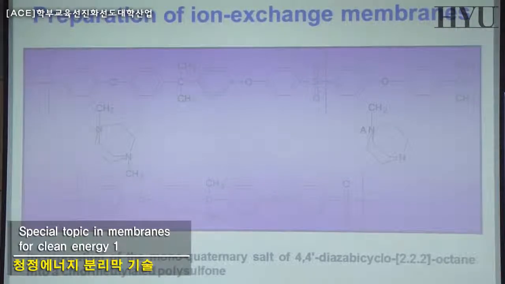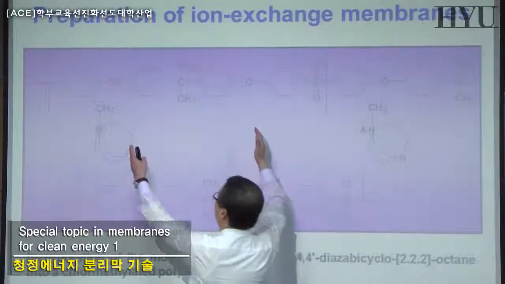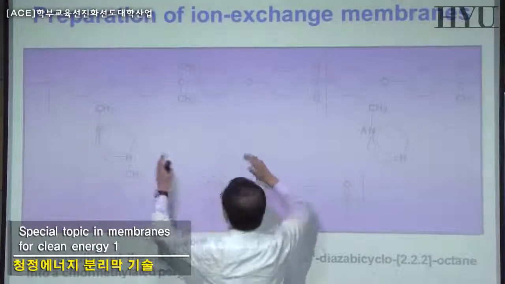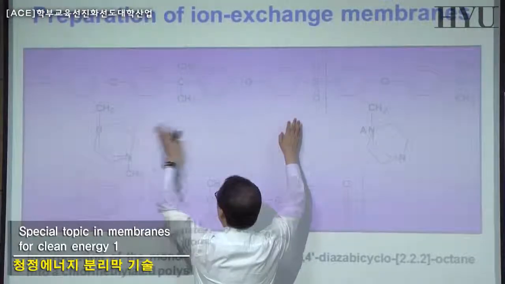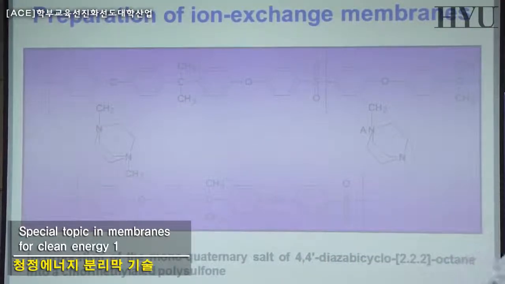This could be easily made by reacting the sulfone containing the hydroxide with the bisphenol A containing hydroxyl group in here. So if you have this monomer and this monomer, we can react them together to remove those HCl and make these ether sulfones.